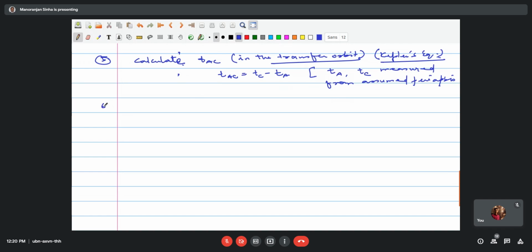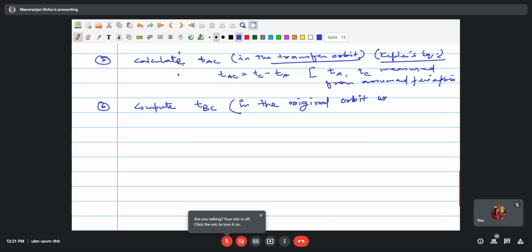The sixth step is compute TBC in the original orbit, because how much time B is going to take to reach C. So this will be calculated in the original orbit.